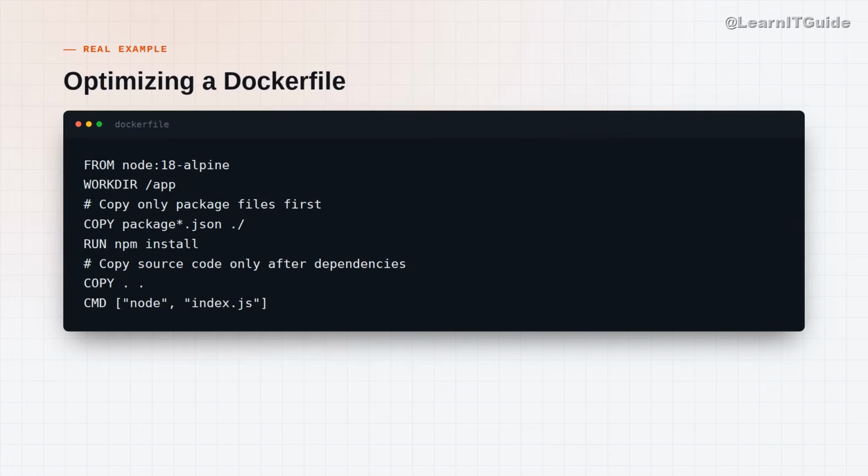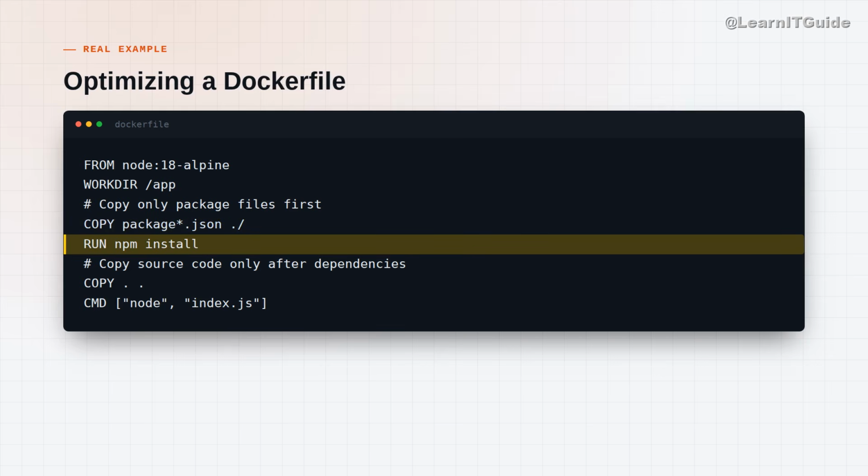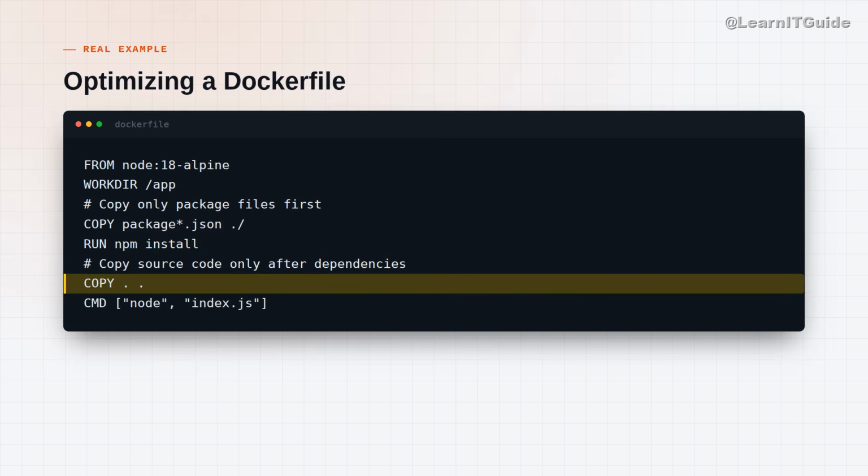Now, here is how a senior engineer writes this for production. Notice line 4. We copy only the package definition files first. Then, we run the install on line 5. By doing this, we ensure that if we only change our application source code, Docker skips the npm install step entirely. On line 7, we copy the rest of our source code.